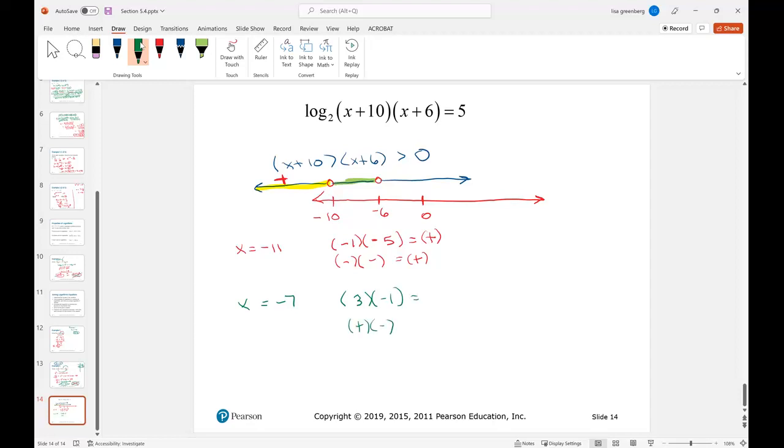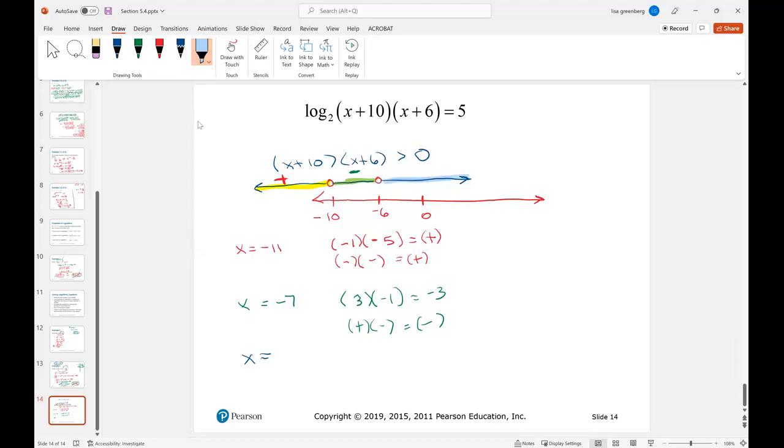The numbers are not important. What's important is that I know it's negative in this interval.